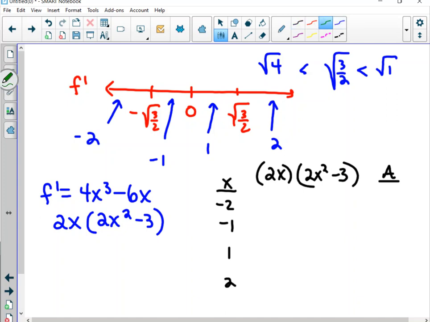Once again, this is me doing the analysis without a calculator. With a calculator, you can much more easily evaluate 4x cubed minus 6x at different values.